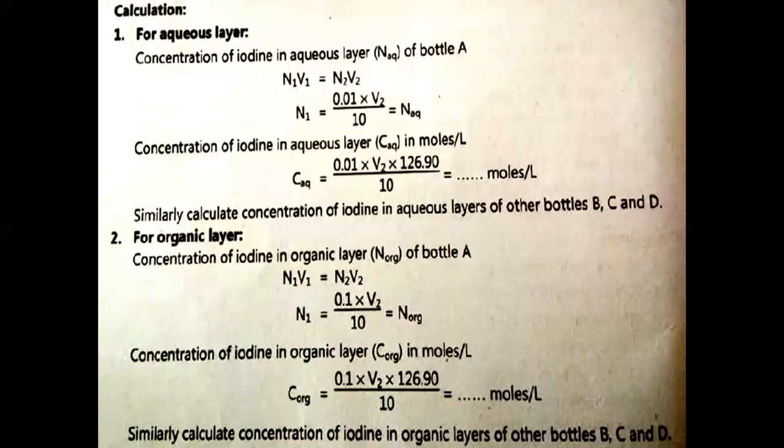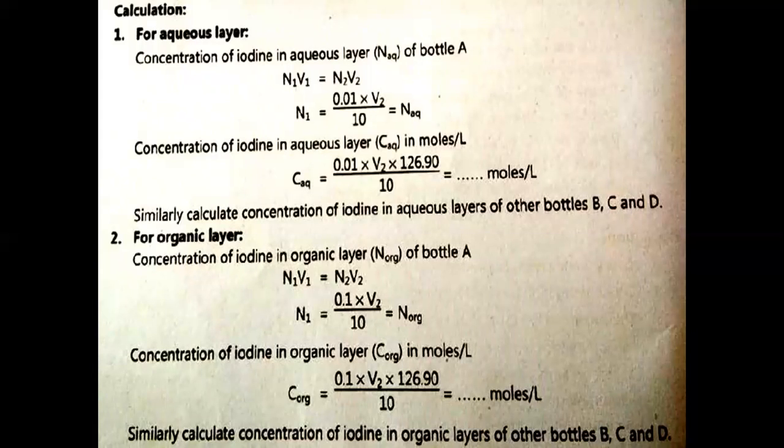About calculation, for aqueous layer, concentration of iodine in aqueous layer, that is N aqueous of bottle A, can be calculated by N1V1 equal to N2V2. Therefore, N1 is equal to 0.01 multiplied by V2 upon 10.